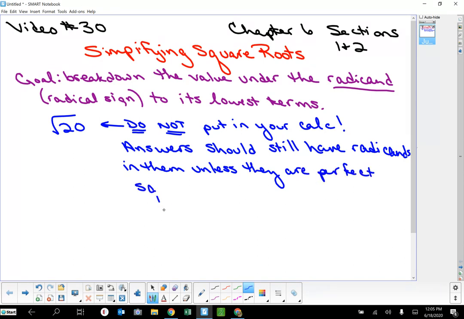So you can use your calculator to do multiplication for you if you don't know what factors of a number are, but we are going to use factor trees to do this. And you should know that when you use a factor tree, we're dealing with multiplication.